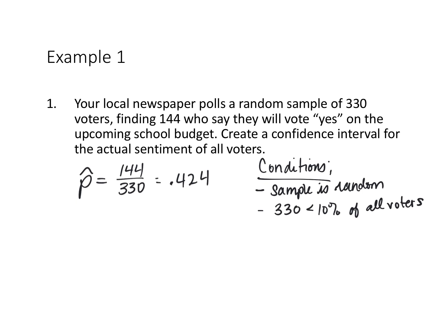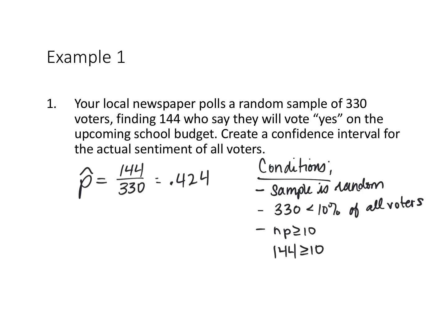Okay? And then the last thing is np and nq. Now, np, if I'm given a proportion, 144 over 330, np is the numerator. I don't have to go and recalculate 330 times 0.42. It's 144.